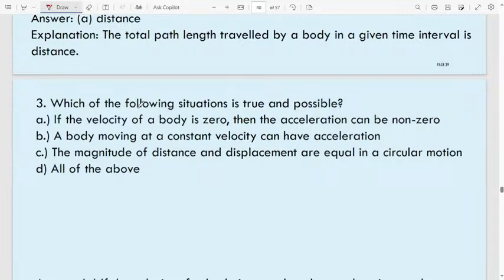Which of the following situations is true and also possible? Option A, if the velocity of a body is 0, the acceleration can be non-zero. Option B, a body moving at constant velocity has an acceleration. Option C, the magnitude of distance and displacement are equal in a circular motion. Option D, all of the above.